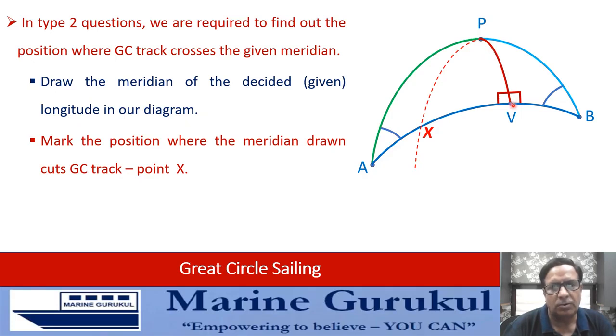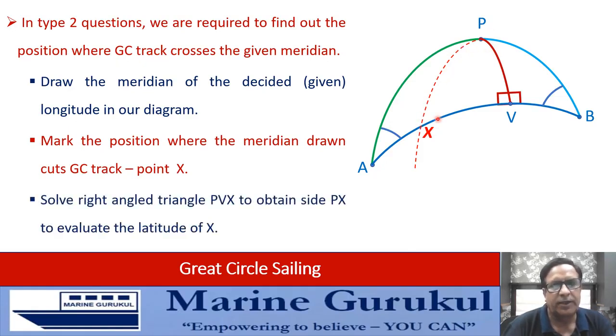PV is also known to us by virtue of knowing the latitude of the vertex. So we know the PV part of the right angled triangle, and we know angle P of the triangle. We can solve it for PX, which will be the colat of X, from which the latitude of X can be obtained. So here the parts known are PV and P. To be calculated is PX.